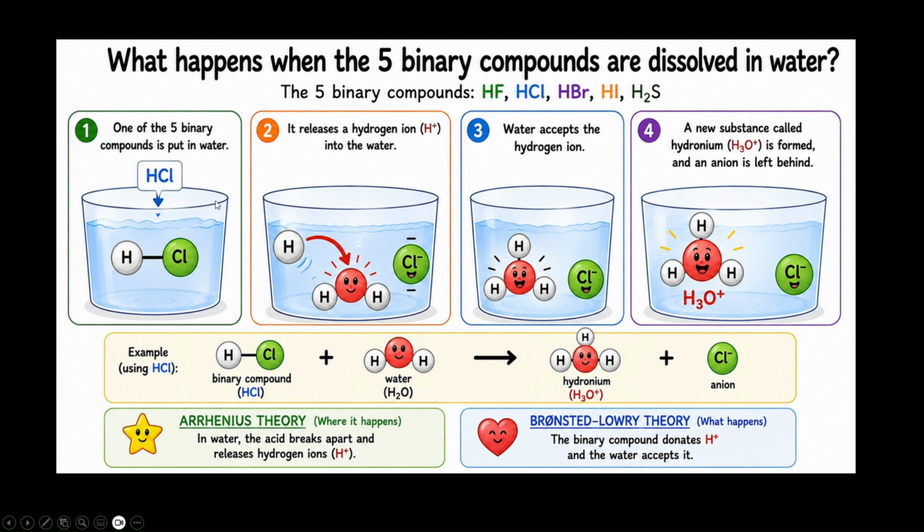Brønsted-Lowry theory builds on this by explaining that the hydrogen ion that was released is donated to a molecule of water. Water will accept the hydrogen ion and form hydronium. The remaining chloride is left behind. And that is how the 5 binary compounds become acids in water.